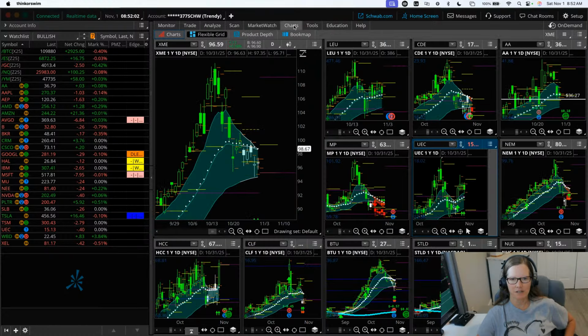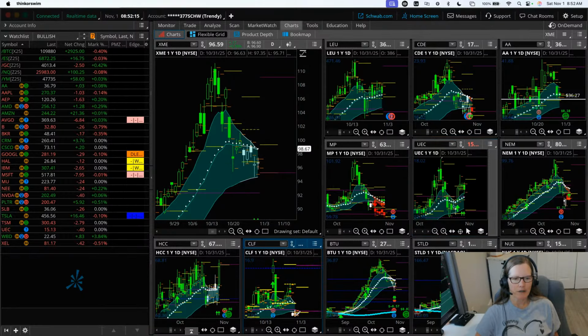So HCC is a no, not because I don't like the chart, but because the option just isn't liquid enough for me. CLF looks like, oh, yep, it fell down here below the cloud. It has a lot of resistance with an inside and down right there. If I was looking for a longer term trade, CLF would qualify, but not for this watch list.